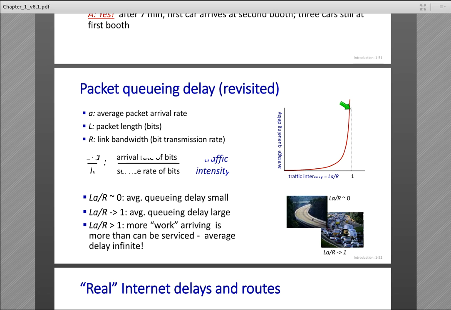So this property is very important. Why? We can see that if a communication link becomes congested, it means that the traffic intensity at that link is close to 1.